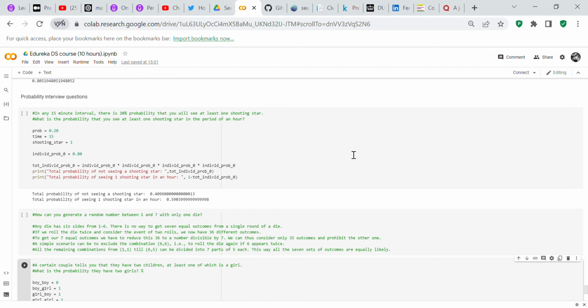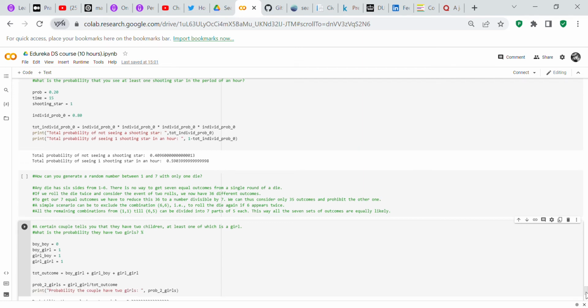So 1 minus 0.4096 is 0.59039999. So that's your answer, and that was what I looked up on the internet. So if you go on a data science interview and they ask you that question, you're able to answer that question.